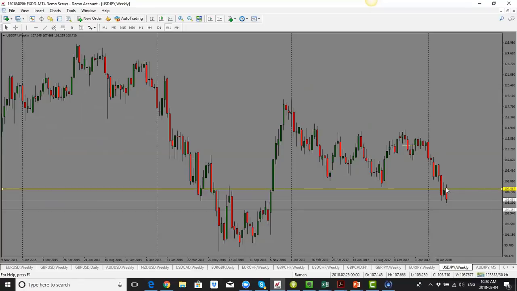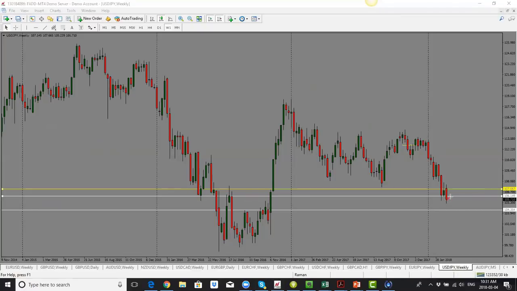But the weekly candle close is quite bearish. So I am looking for a further drop in this. Target here would be 104.30 level. So this is the move I am looking for. Price pulls up and then drops again. Target is 104.35 for this one here.